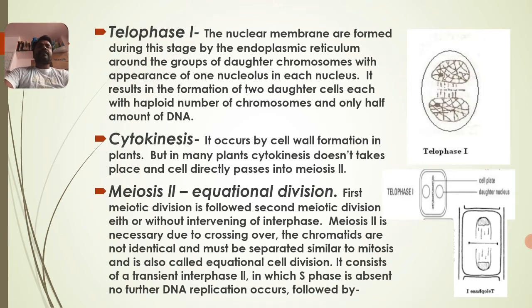There is a formation of two nuclei, each consisting of the haploid set of chromosomes. The next one is cytokinesis I. It occurs by cell wall formation in plants, but in many plants cytokinesis does not take place and the cell passes directly to meiosis II. There is no need for cytokinesis because a cell plate forms during telophase, and the cell becomes a dyad.